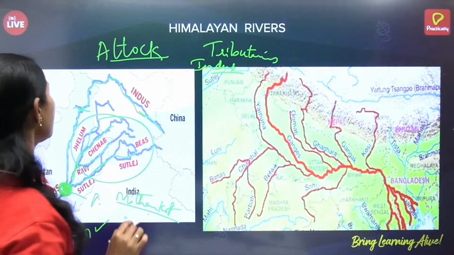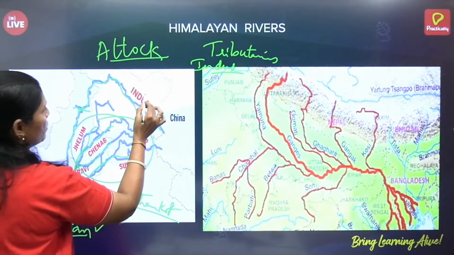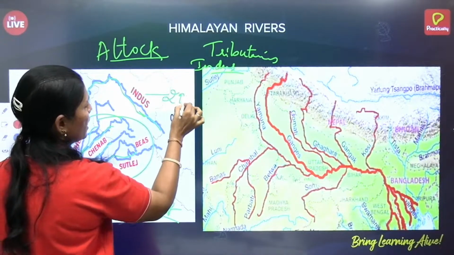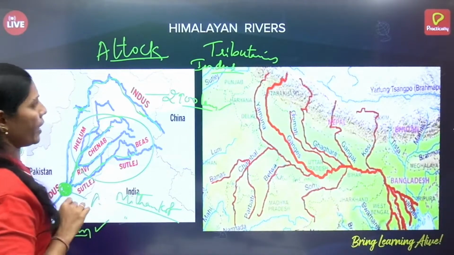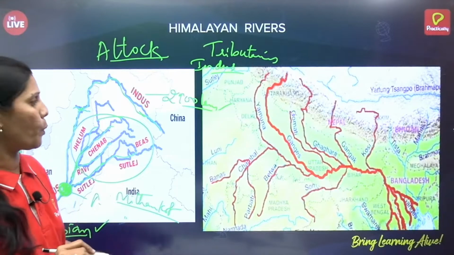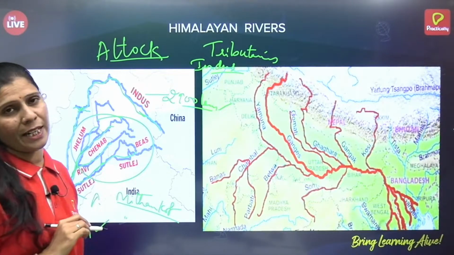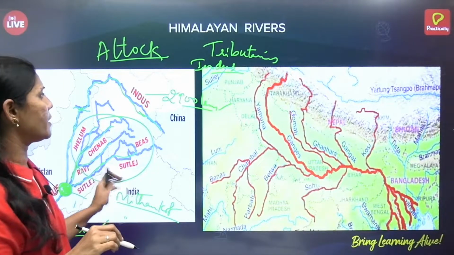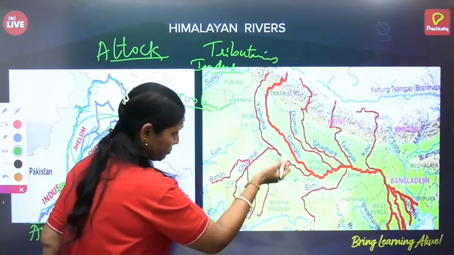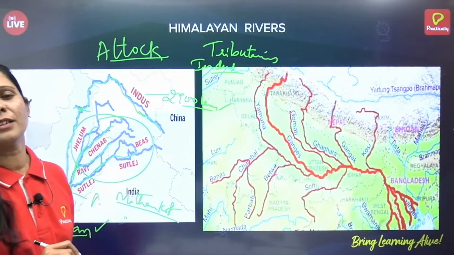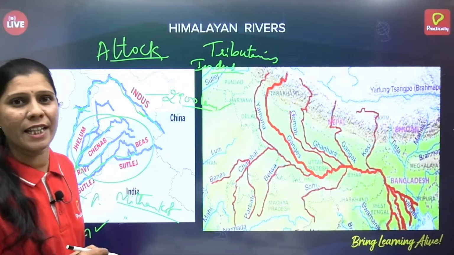The Indus River's complete journey is 2,900 kilometers, but as its course in India is very short, we do not consider it the largest river in India. We call the Ganges the longest river in India, as its course lies within the country.